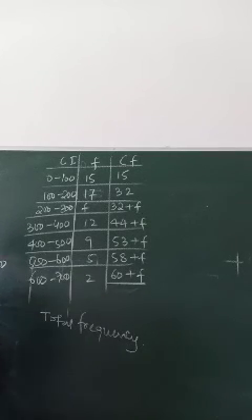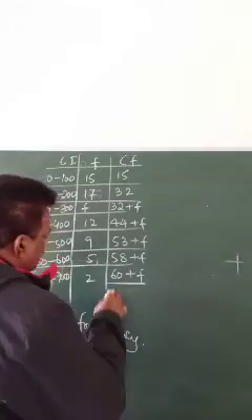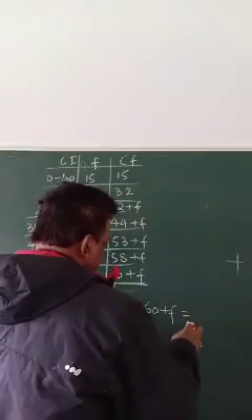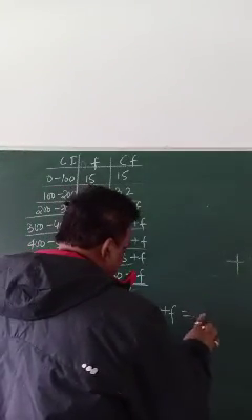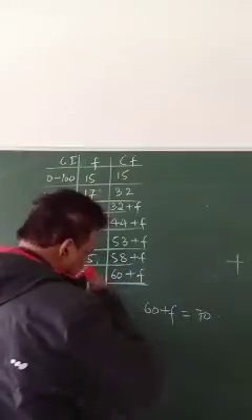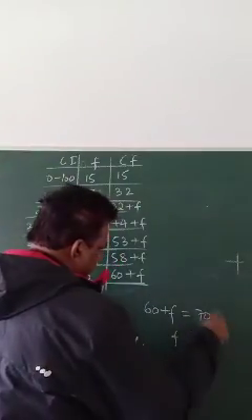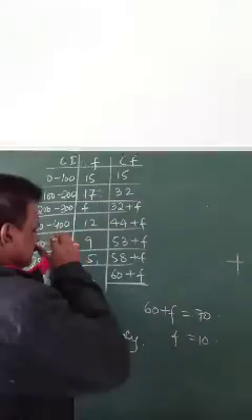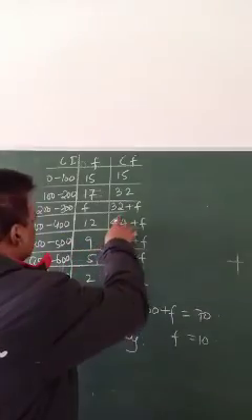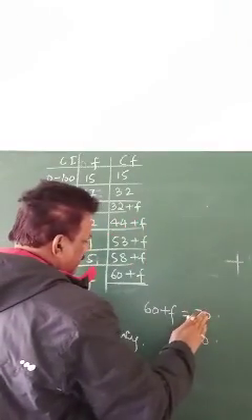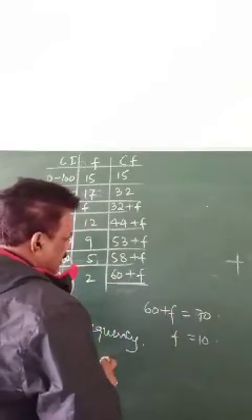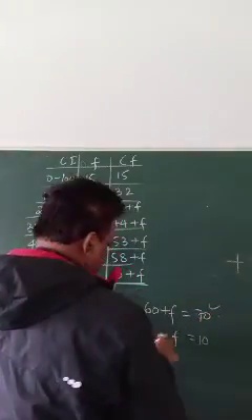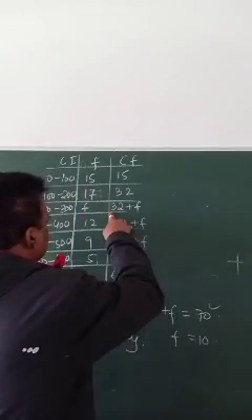Total frequency 60 plus f equals, if I write 70, f is 10.